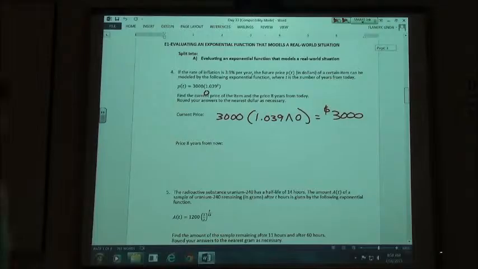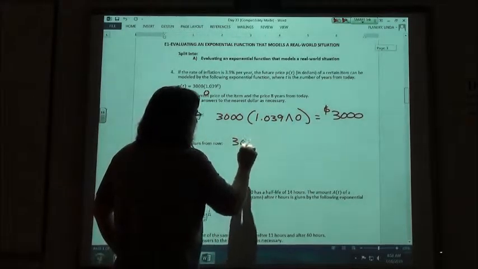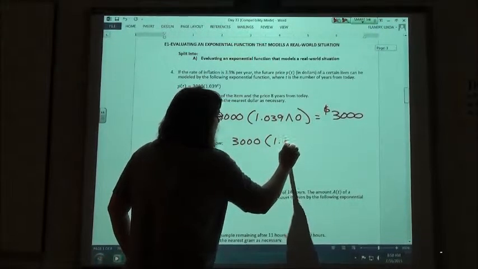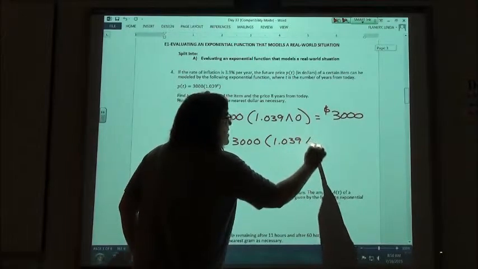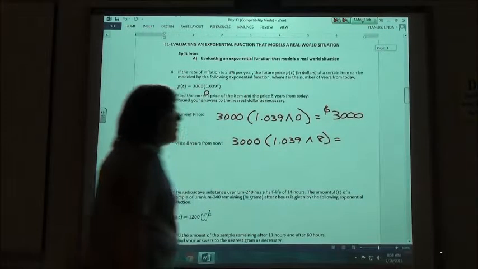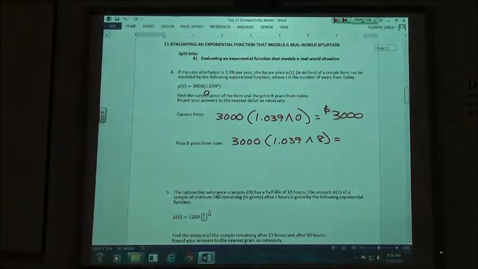8 years from now. So we're going to do 3,000, 1.039 to the 8th power, and we're going to punch that into the calculator. We are going to round to the nearest dollar. Let's see if I have another calculator handy here.